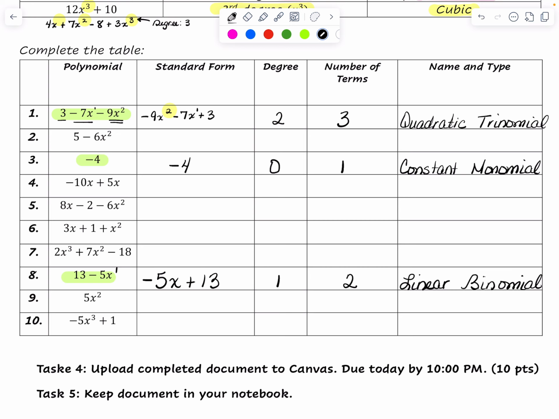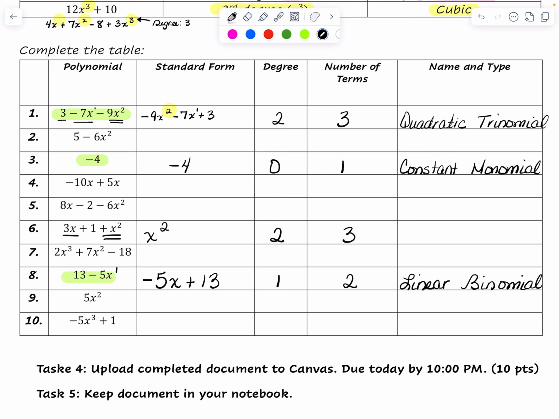Let me pick one more here and let me do example number 6. All right, so if I want to do example 6 here, first off, I notice that there are 3 terms being added or subtracted together. And notice that the highest exponent is 2, so the degree is 2. When I write it in standard form, I'm going to pick the one with the largest exponent first, and that is positive x squared.